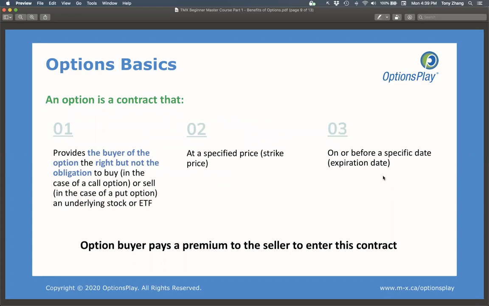So for those of you that are brand new to options, this is really a primer, a beginner course, right? And for those of you that have experience trading options, this is designed to give you a refresher on the basic fundamentals. Now, every single options course will have a slide or language that looks like this. And I will say, I absolutely hate teaching this slide, because an option is really just a contract, right?